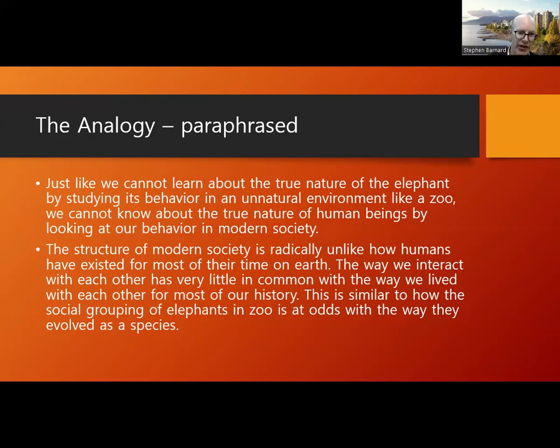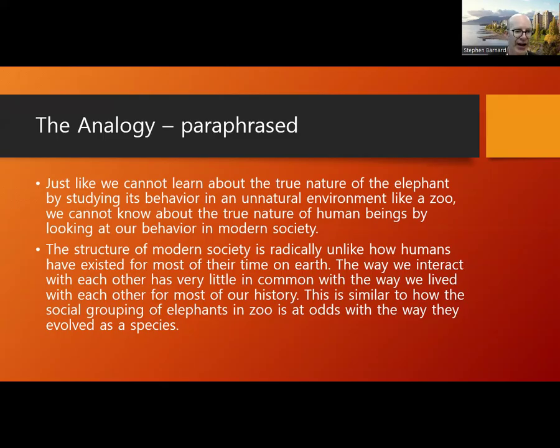Just like we cannot learn about the true nature of the elephant by studying its behavior in an unnatural environment like a zoo, we also cannot know about the true nature of human beings by looking at our behavior in modern society. The structure of modern society is radically unlike how humans have existed for most of their time on Earth, just like how elephants in zoos are living in an environment that is completely different from what they are predisposed to.